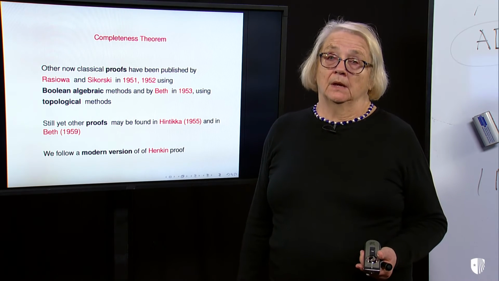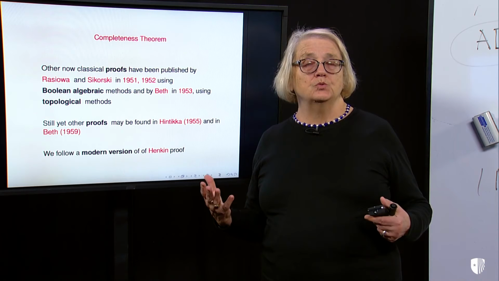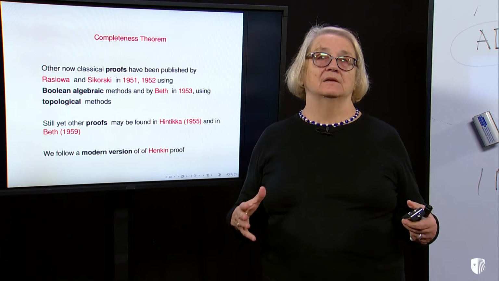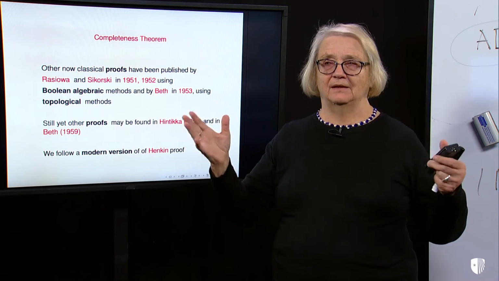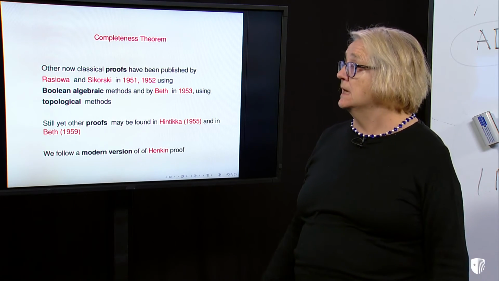But there are not only those proofs. I chose to show you the Henkin proof because it is the most classical. If you take a logic book like Mendelson, the Henkin proof is there, and you should know it.